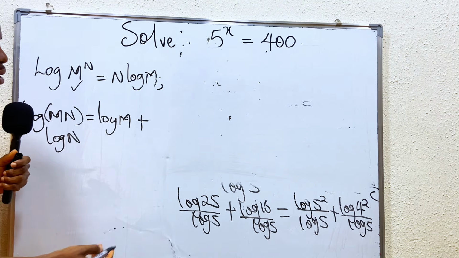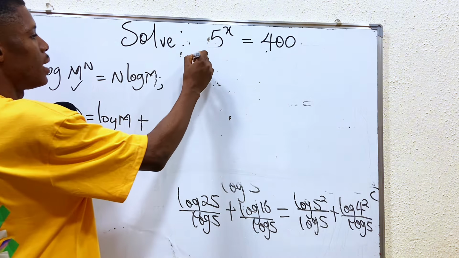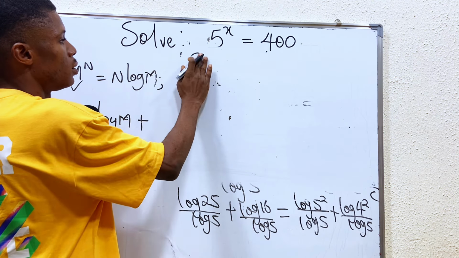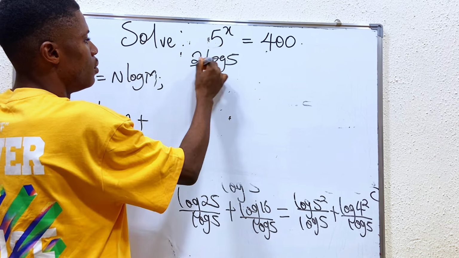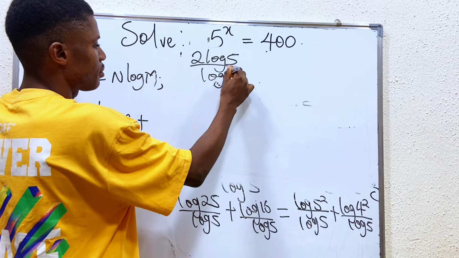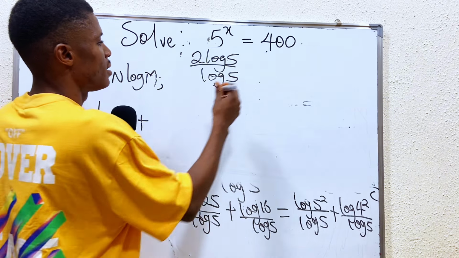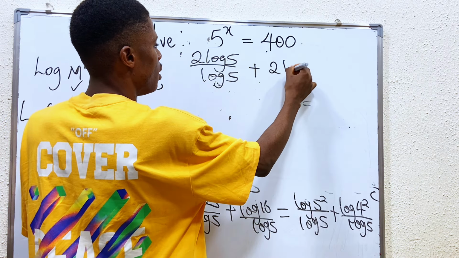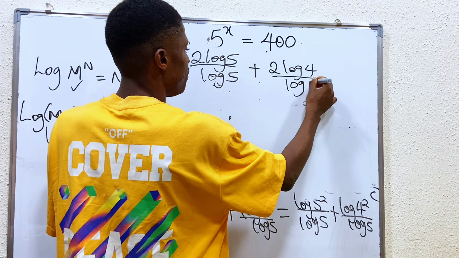To use this law again, since we have 5 power 2, we bring down the 2, which is 2 log 5 over log 5, then plus 2 log 4 over log 5.